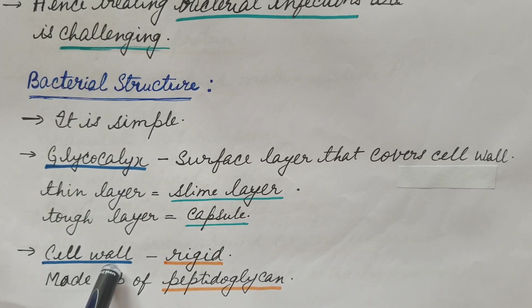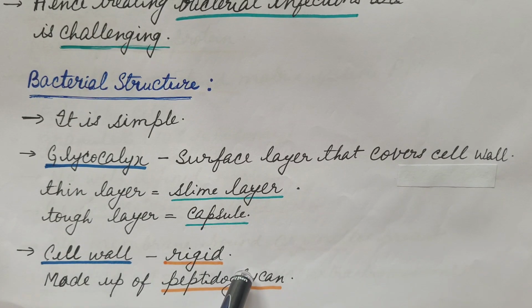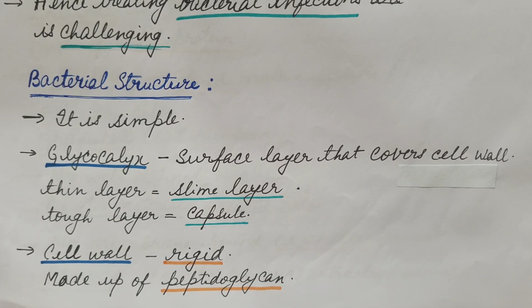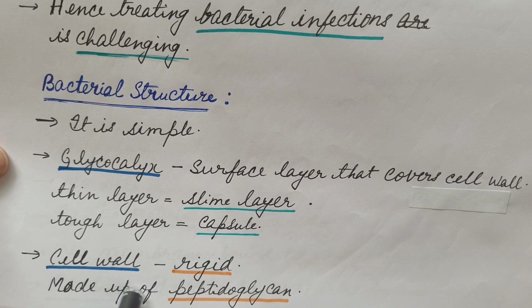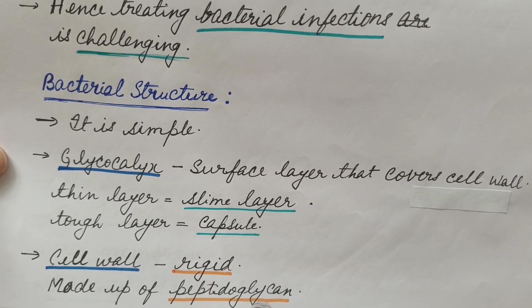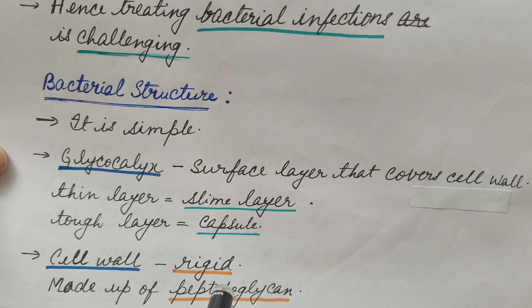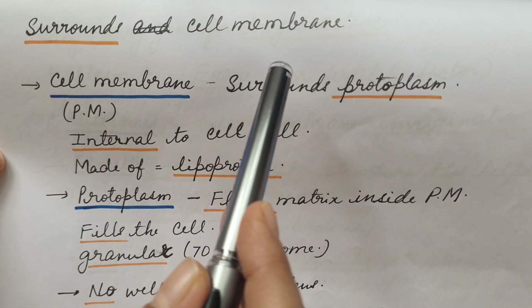Then comes the cell wall. It is rigid or stiff, and is made up of peptidoglycan. Depending upon the structure of the cell wall, Eubacteria is classified as gram-positive and gram-negative bacteria. This we will discuss in a separate video. It surrounds the cell membrane.